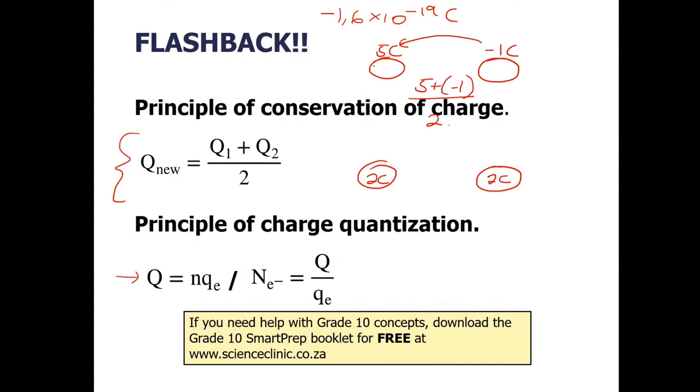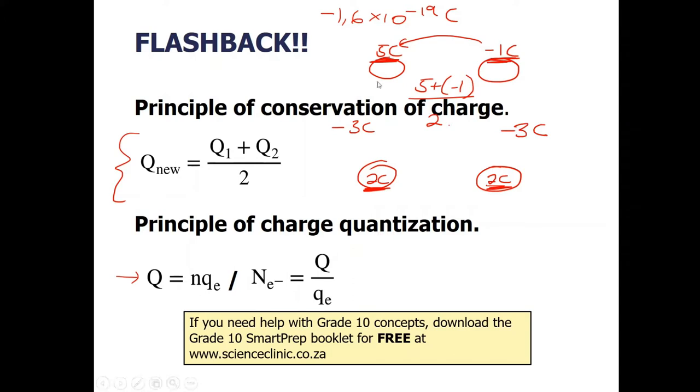How much charge moves? Look at the difference between what it was and what it is. It was 5 coulombs. It is now 2 coulombs. That means negative 3 coulombs has moved across. Okay, for both. What's the difference between minus 1 and positive 2? The difference is 3. It has to be negative because you're moving electrons.